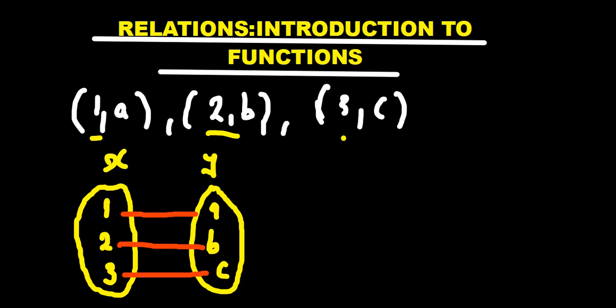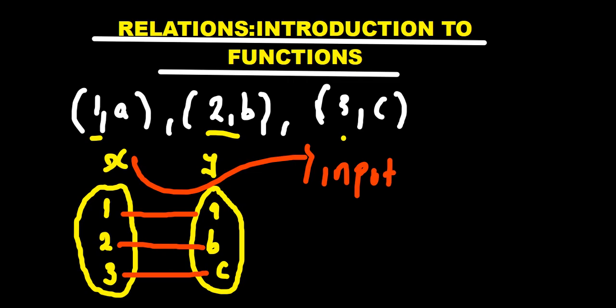This kind of relationship is called a relation. It is also called a mapping, where you have an x value that is giving you a certain y value, and that is what we call a function. In this case the x values will be called the input values, and the input values are also called the domain.